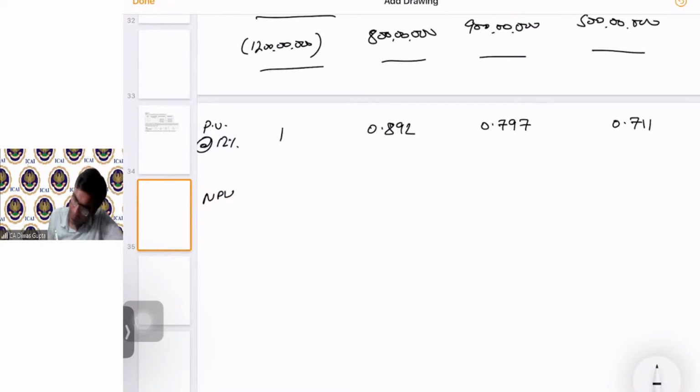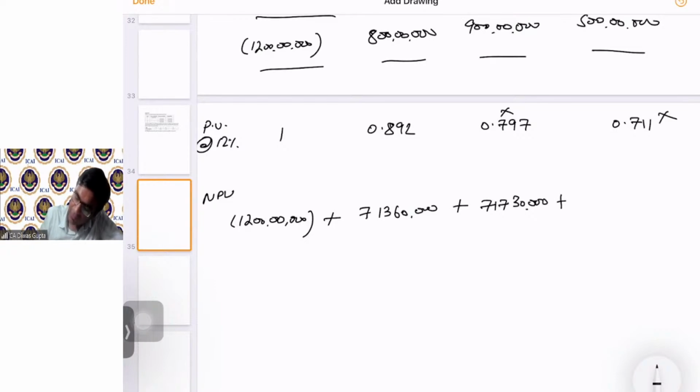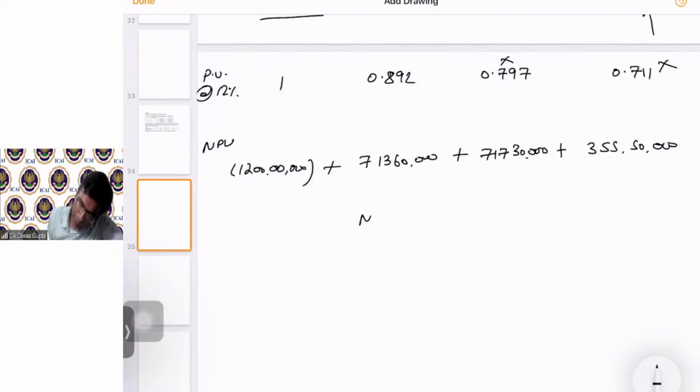Now the NPV will be 12 crore plus 7 crore 13 lakh 60,000, plus multiply this with the above 9 crore, then we will get 7 crore 17 lakh 30,000, plus multiply this 0.711 with the 5 crore number. We will get 3 crore 55 lakh 50,000. And hence the total NPV here comes as 5 crore 86 lakh 40,000.